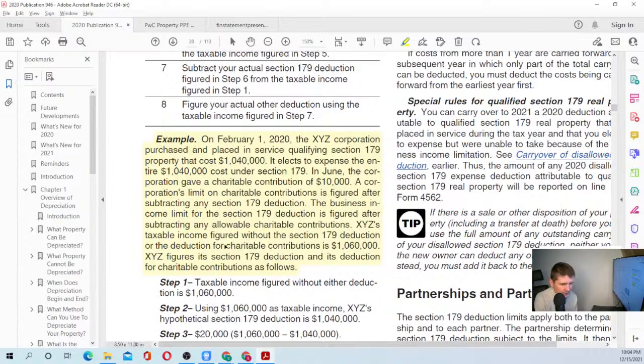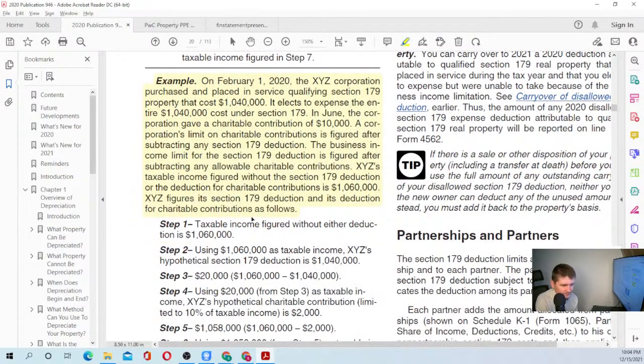So, taxable income figured without the Section 179 deduction or deduction for charitable contribution is 1,060,000. So taxable income before the deduction, 160.